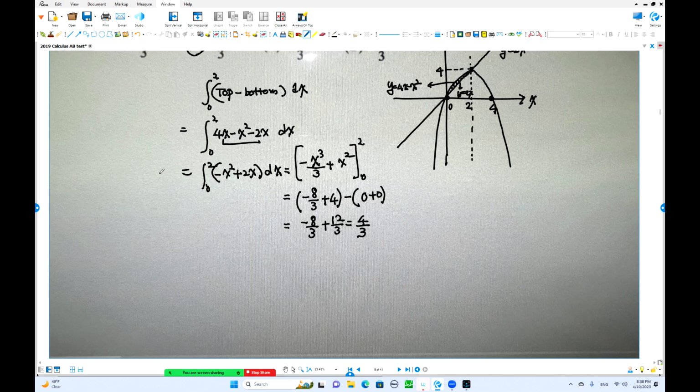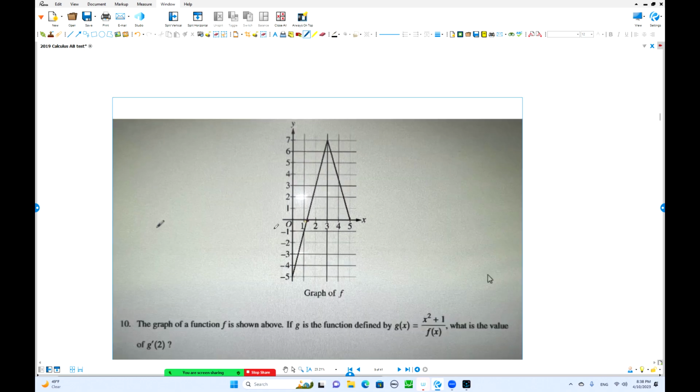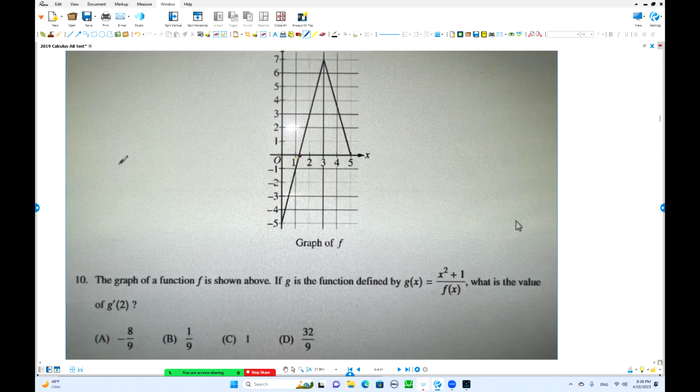All right, number 10. This is the graph of f, not the derivative, just the regular graph of f.